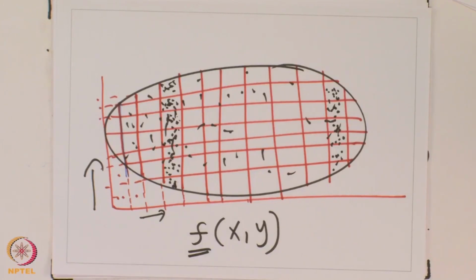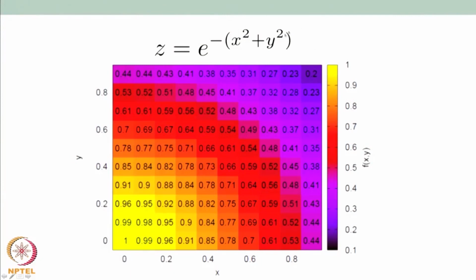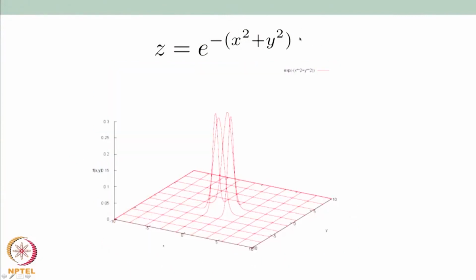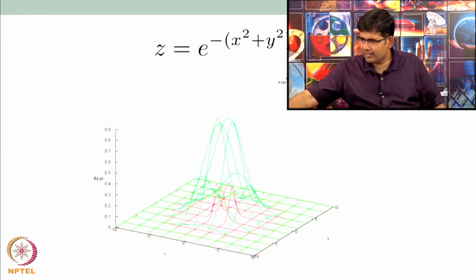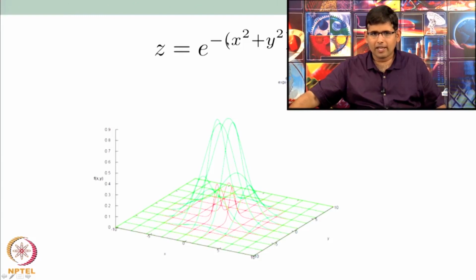You can also, we just talked about this function here, e power minus x square plus y square. You can also plot it as z is equal to e power minus x square plus y square with some graph like this. Depending on various values of x and y, I can get various interesting graphs. There is some coefficient I can put here.